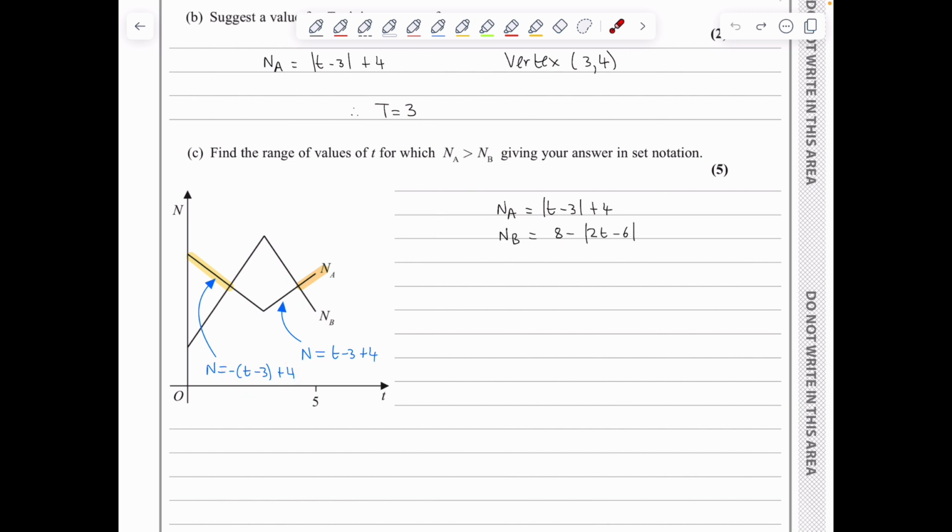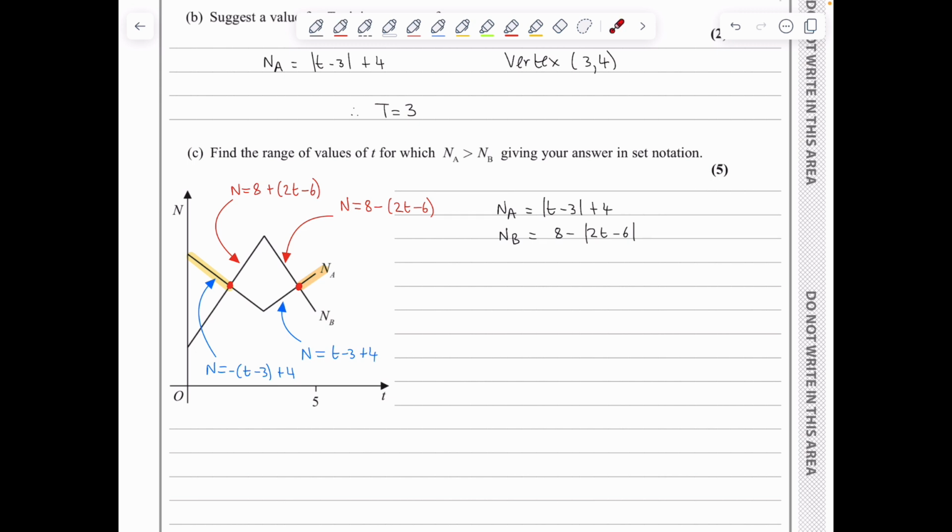Whereas the NB is 8 minus the modulus of 2T minus 6. So this part here is simply the 8 minus brackets 2T minus 6, whereas this part here, it's the 8 plus the 2T minus 6, and I will be equating each of these because I'm looking for the points of intersection, and we've got two of these.